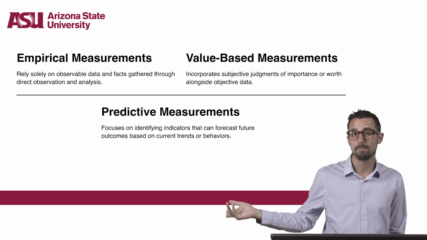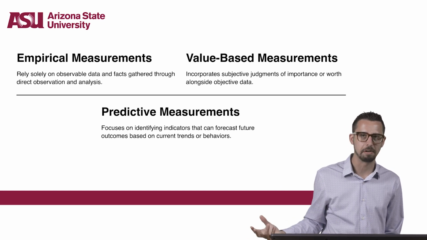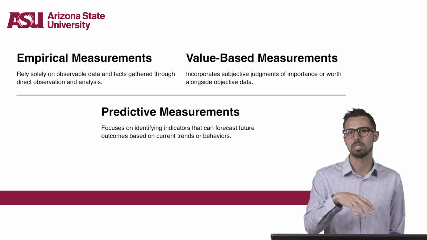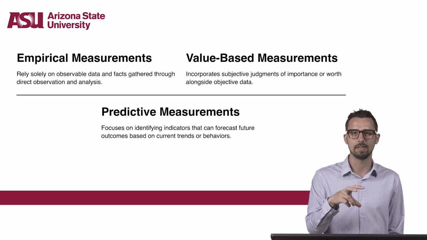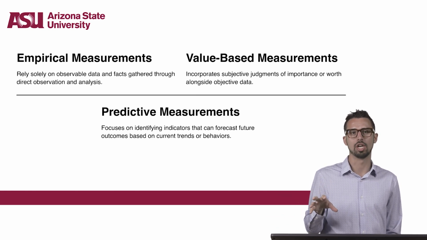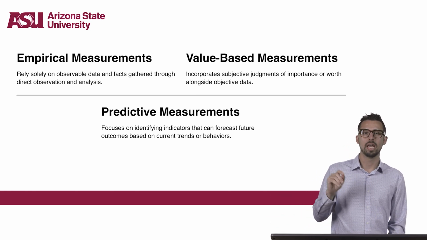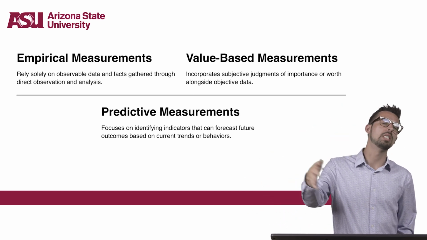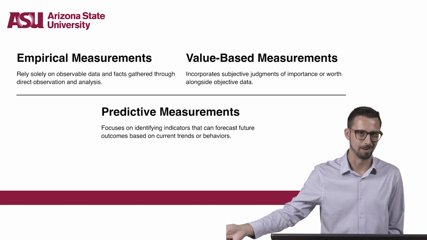Other predictive measurements that focus on identifying indicators that can forecast future outcomes based on current trends or behaviors are much less important in Agile. In other words, Agile measures what the team delivers, not what the team predicts it will deliver.